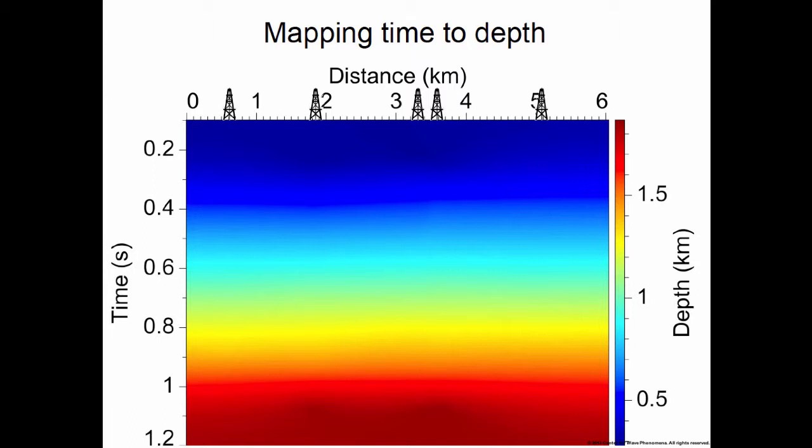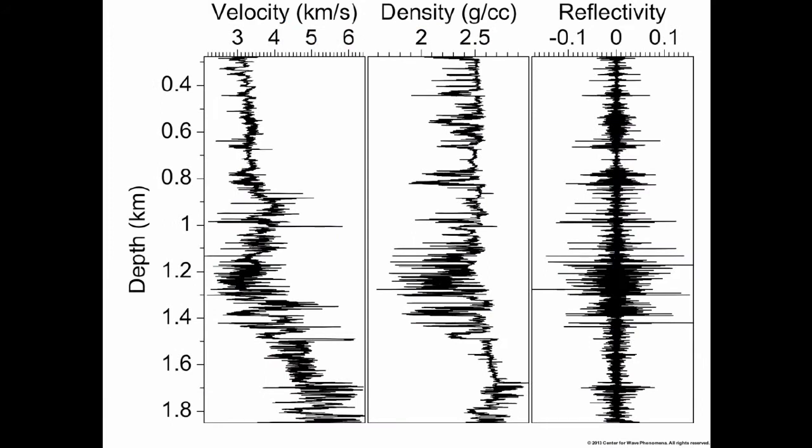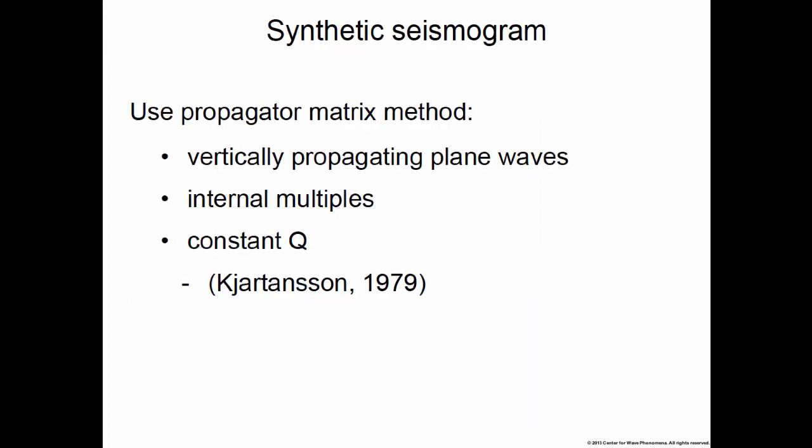Well, the first step is we need to tie well log to the seismic. So in order to do that, we need to first create a reflectivity from the logs, from the velocity and density logs. And then, to simulate the seismic, we generate a synthetic seismogram. And we're using the propagator matrix method.